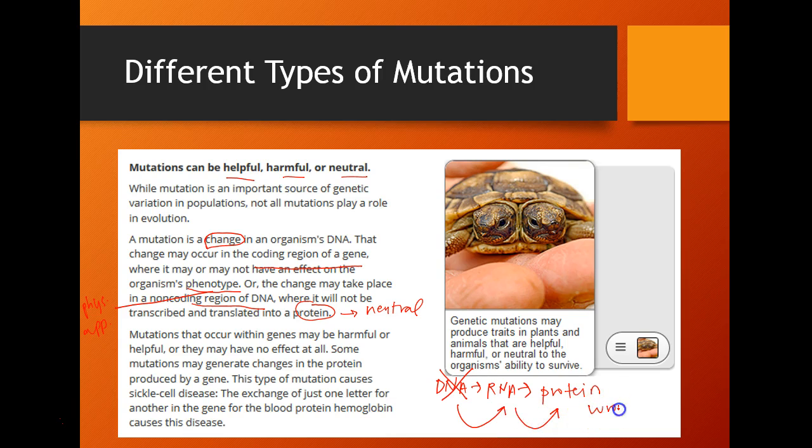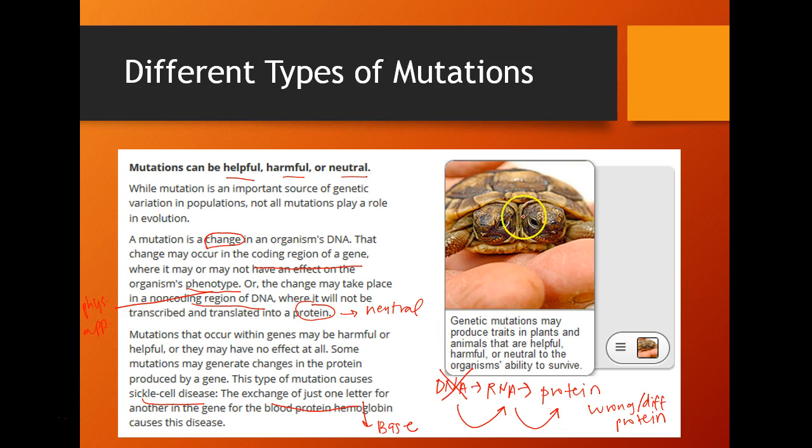So then maybe not necessarily the wrong, but a different protein will be made. It really only takes just one letter or one base to change for the whole entire protein to be different. An example of this would be sickle cell disease. It's only the exchange of one base for another in the gene for the blood protein hemoglobin to cause this disease.